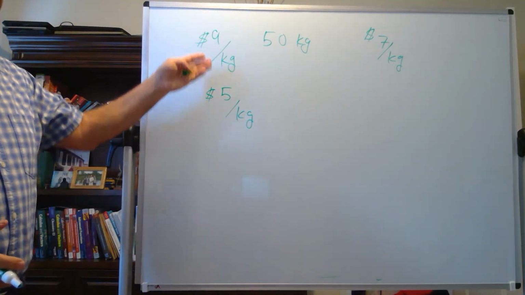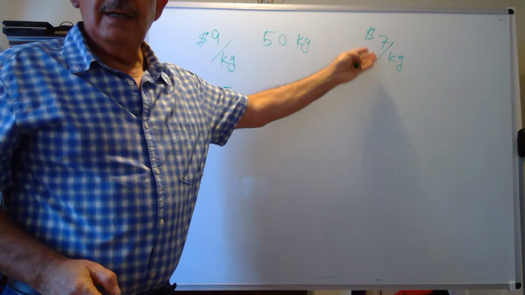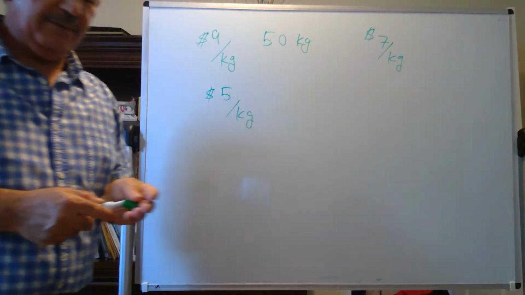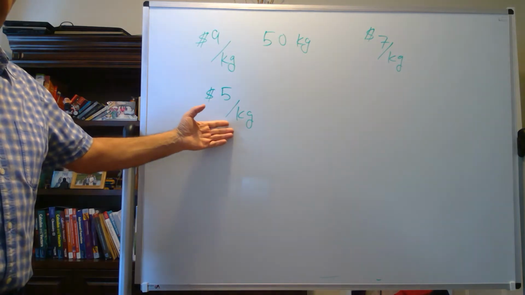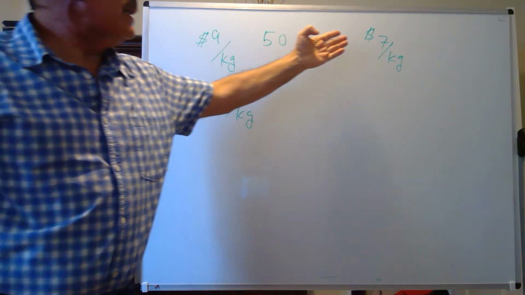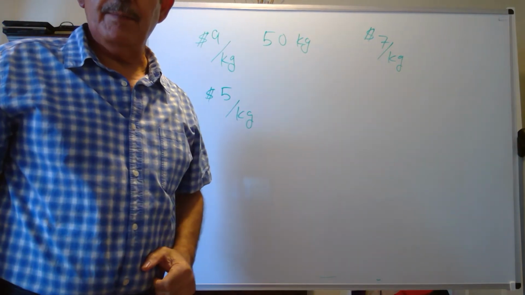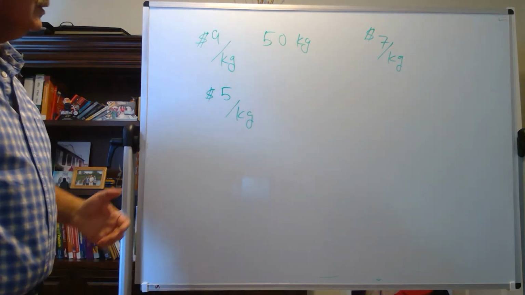I want to mix these two and make the result $7 per kilogram to be able to compete with the store beside me. How much of this $5 per kilogram should I mix with this $9 per kilogram for the result to be $7 per kilogram? Clear?